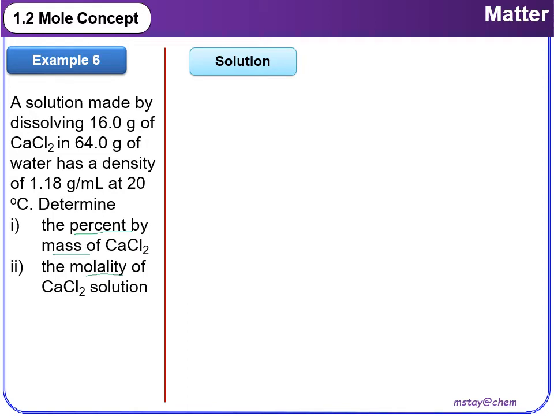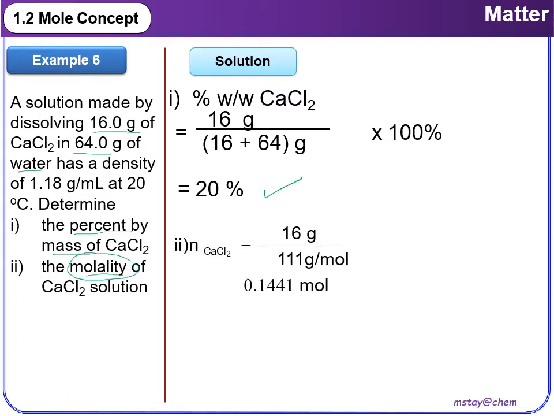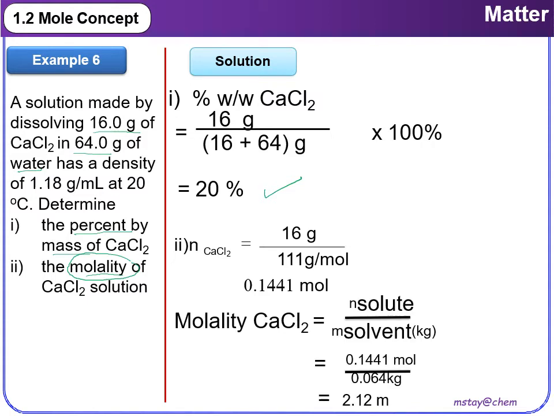Okay, so first we have to list down the percentage by mass. The formula is mass of calcium chloride, 16 gram, over the mass of solution, which contains 64 gram of water. When we substitute in, we get 20%. The next one is molarity, number of moles of solute over mass of solvent.